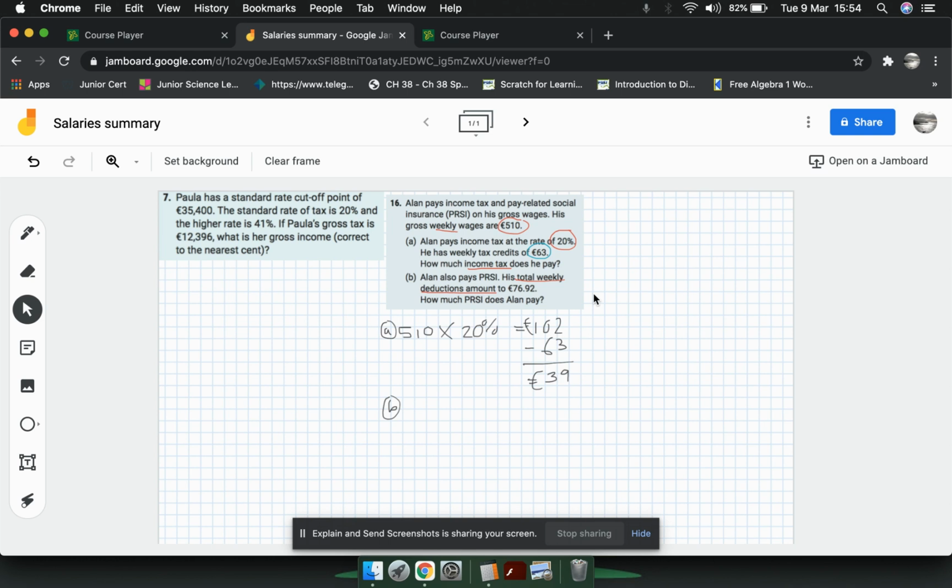So we already know how much he pays in income tax at 20%: he pays 39 euro, and we also know his total deductions. So it's a process of subtraction. We have 76.92 as his total deductions per week that goes to the government, and if you subtract 39 euro from that, you'll discover how much he's paying in PRSI.